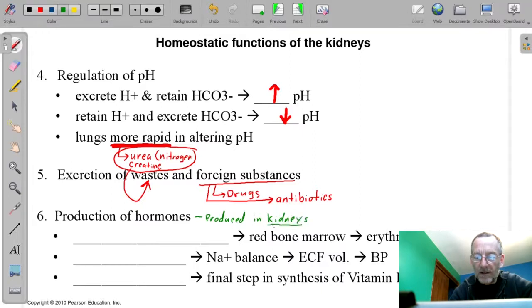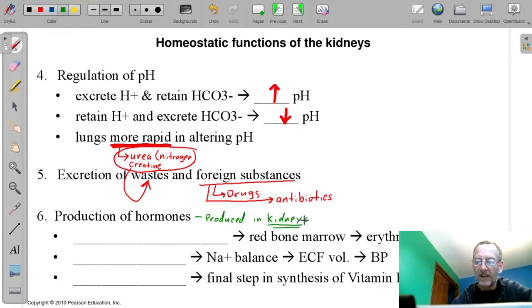That's what the unit is about. So what's the hormone produced in the kidney, targets the red bone marrow, and promotes erythropoiesis? Erythropoietin, or EPO.